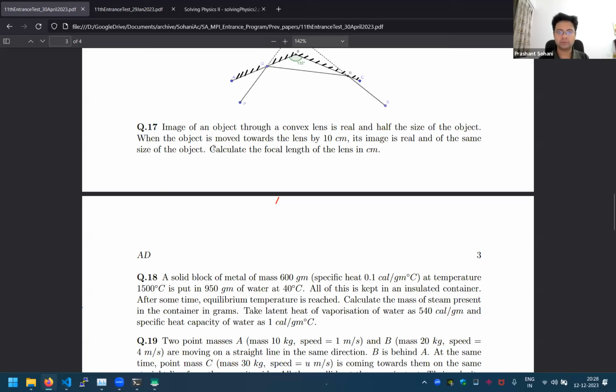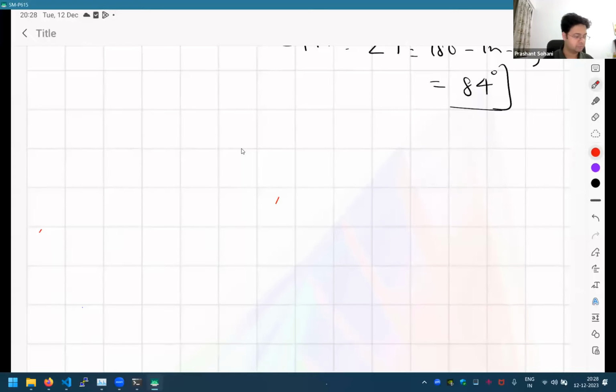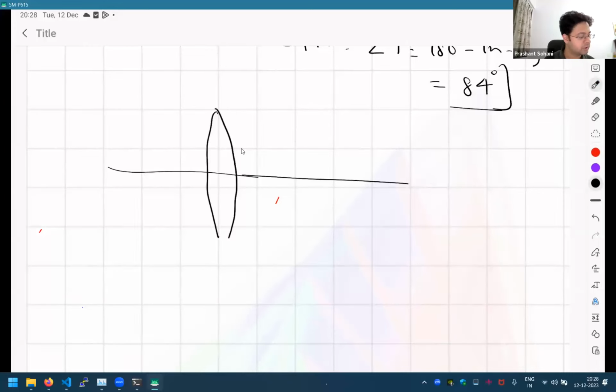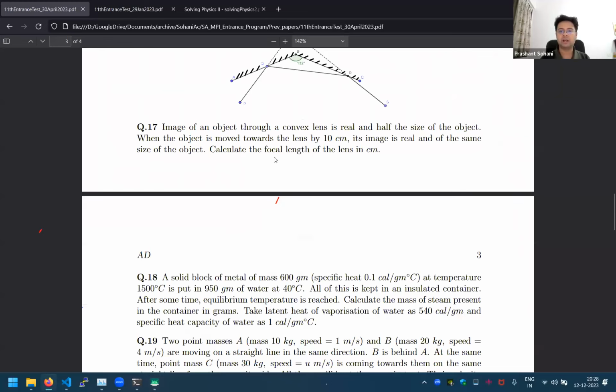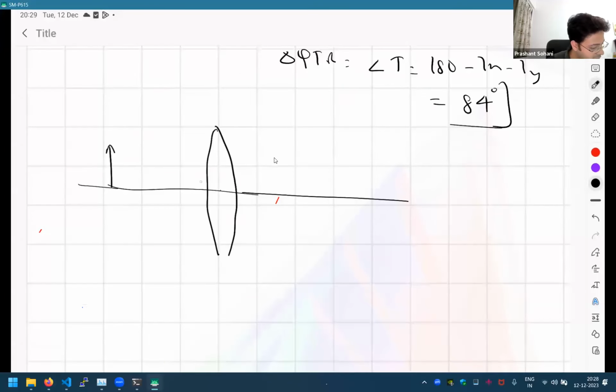So again, it is not exactly the formula which you may have studied in school or anywhere, but to solve this question, it is very convenient to ignore the signs and just solve it that way. What is given is that the image is half the size of the object. So let me draw it somewhere over here. The fact that the ray has to pass through the center is why, instead of taking the distance of the object, you can talk in terms of the size of the object or size of the image.